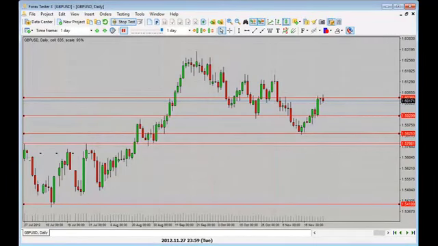And usually with the daily candlesticks, the problem happens at the turning points. That's where I always end up in trouble because I'm still looking for price to continue in a particular direction. So it's the important support and resistance levels that we have to be careful with.